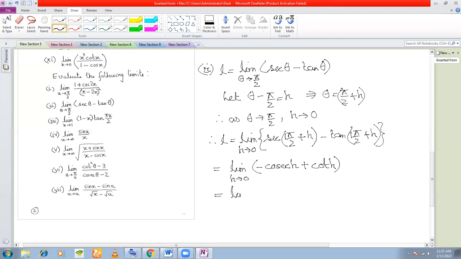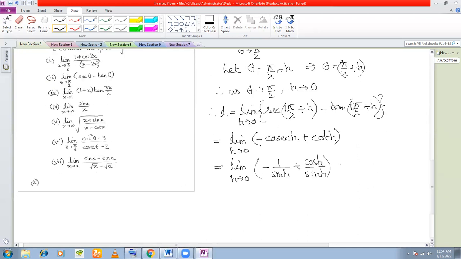So this becomes limit h tends to 0. You can change everything to sine and cos. So you have minus 1 by sine h plus cos h by sine h. So you're going to get limit h tends to 0 of cos h minus 1 divided by sine h.